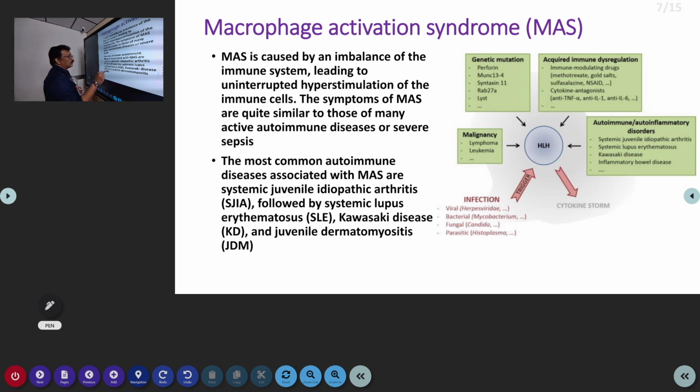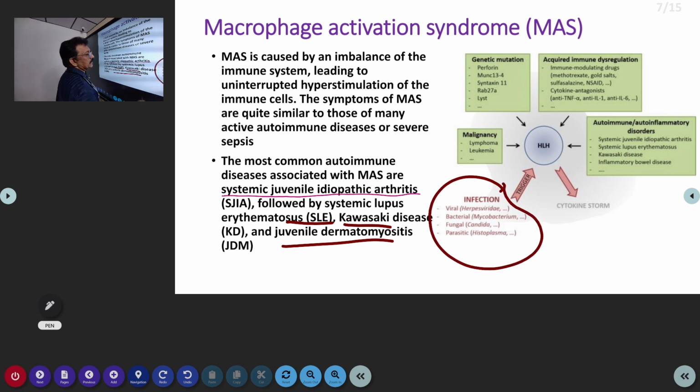One of the common conditions which produces macrophage activation syndrome is systemic juvenile idiopathic arthritis and SLE. Kawasaki disease also you can get like this. Dermatomyositis also can give this type of disorder, and other diseases like inflammatory bowel disease, rheumatoid arthritis, and many infections can be a trigger for this.